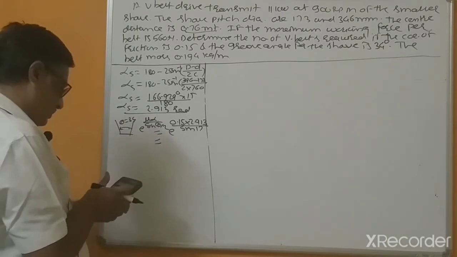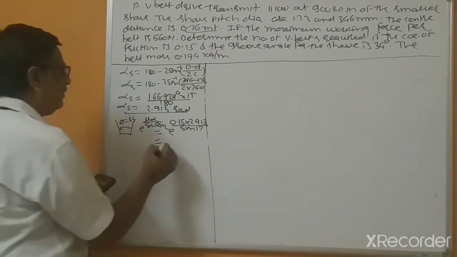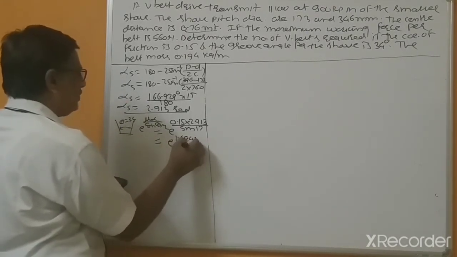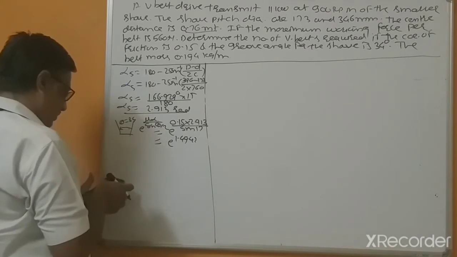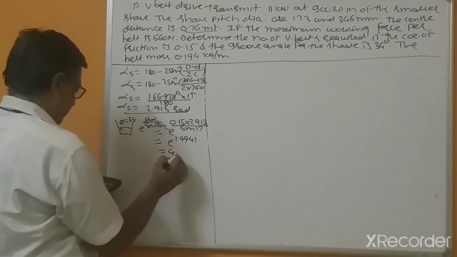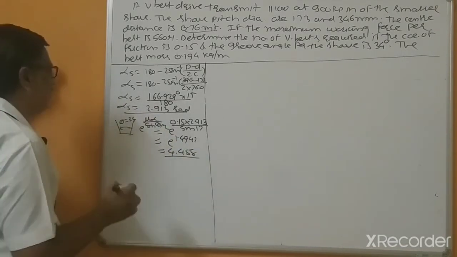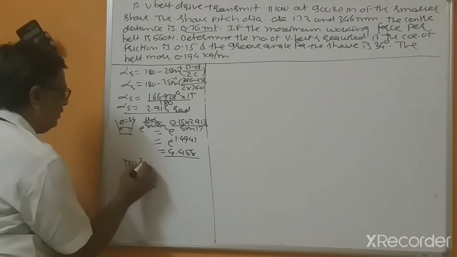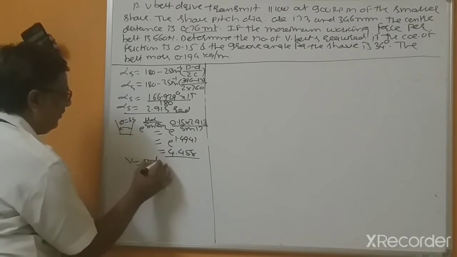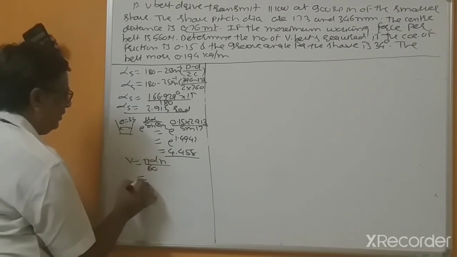Sine 17 gives 1.4947, and the inverse of this is equal to 4.458.